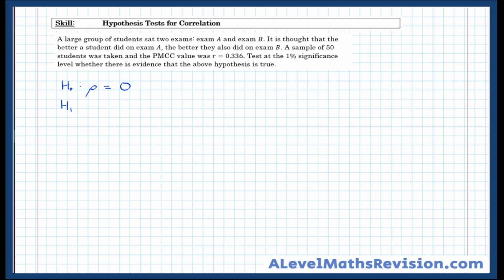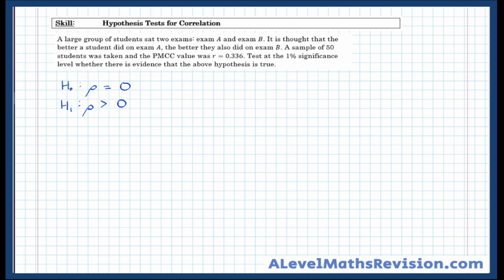And H1 in this case is rho. And here it says it's thought that the better a student did on exam A, the better they also did on exam B. That's positive correlation. So we're going to say rho is bigger than 0 is positive correlation. Rho being less than 0 would represent negative correlation.